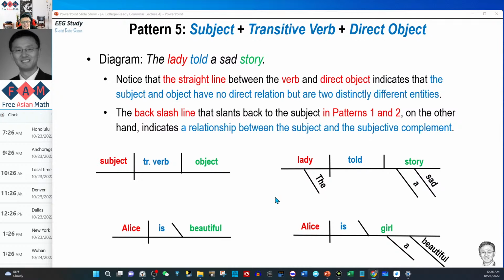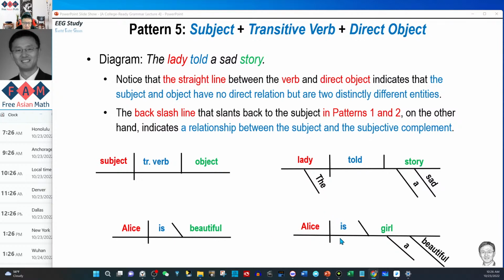Both beautiful and girl in those two diagrams are related back to Alice through the diagonal line. So it's very important to understand why one is an object in pattern 5, and one is a complement in pattern 1 and pattern 2.